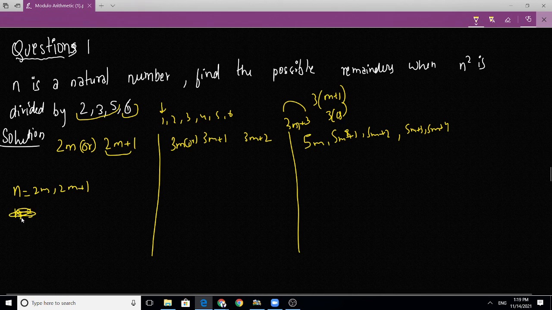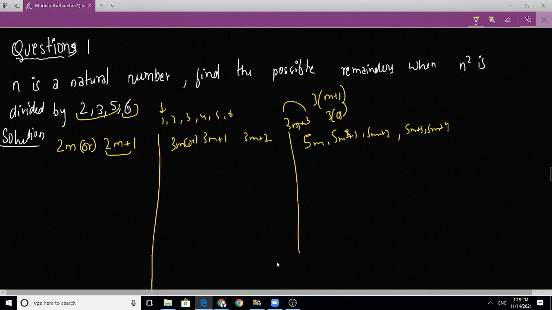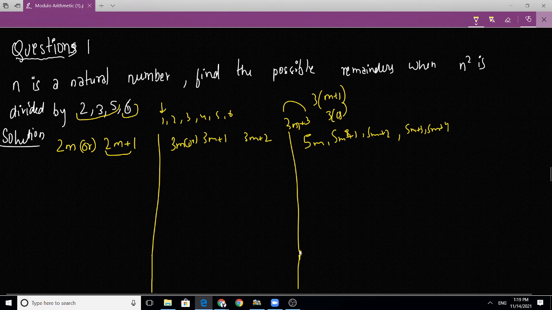So I'm writing n, my natural number, 2m. I'm planning to try to tell it in a different way. So I'm going to write n equals 2m, 2m plus 1.